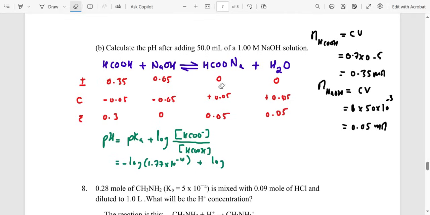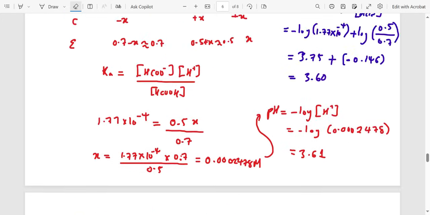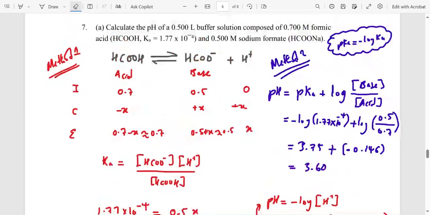That's the one that is going to remain. But look at the top. It's not the only base that is present. We also have another base. Look, we have 0.5 molar sodium formate. That is also a base.